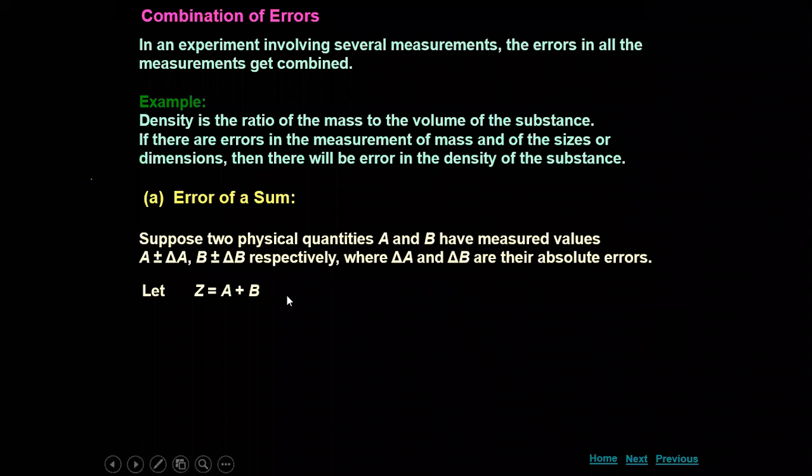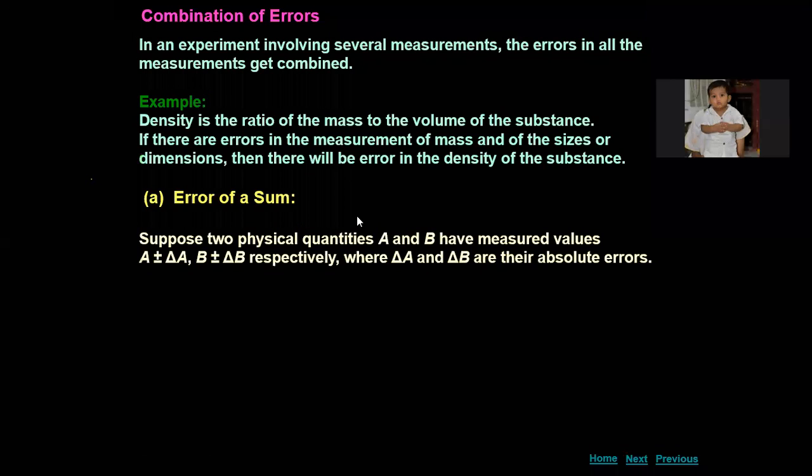Here, see. Suppose two physical quantities are there, A and B. I am taking a general example, not a density example or something else. Now, some physical quantities I have taken, A and B, and the measured values have to be taken as A plus or minus delta A, B plus or minus delta B. Just now I have shown you.